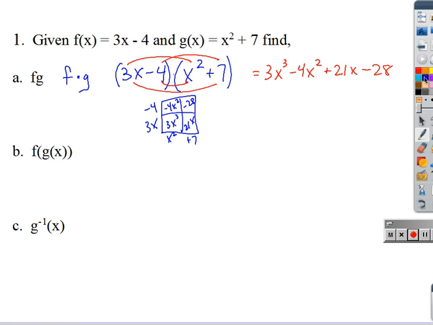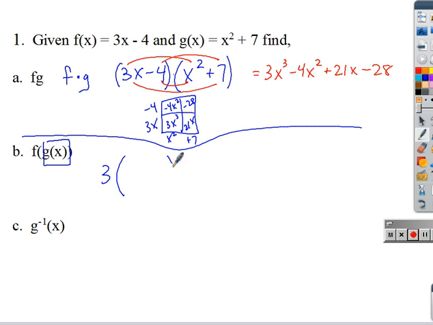Next we have f of g of x. So what this is telling us to do is to actually substitute equation g into equation f. So if I write equation f, and all I did here was leave an empty space where the x would have been or used to be, and in that empty space I'm going to substitute my equation for g, which in this case is x squared plus 7.